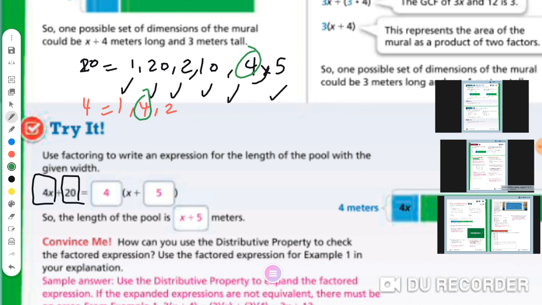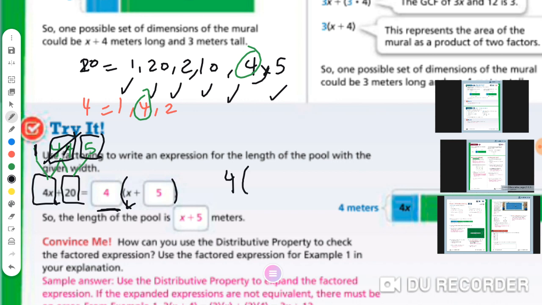So we write 4 as 1 times 4, and 20 as 4 times 5. When we take out the 4, we open a bracket. The first term leaves 1x, which is x. Plus, with the sign, and then taking 4 from the second term, the remaining is 5.